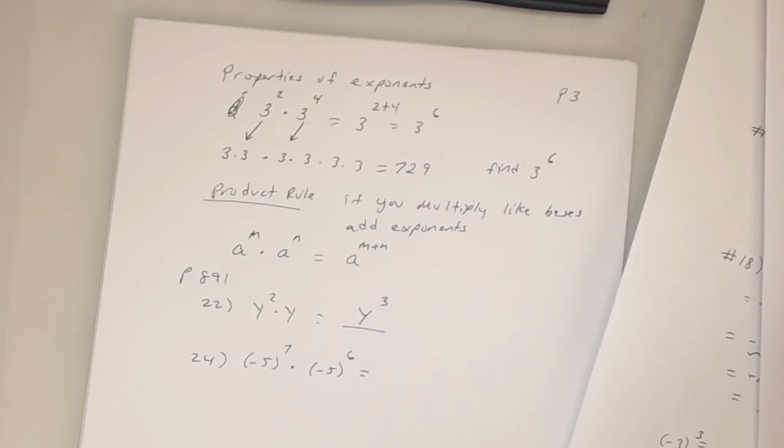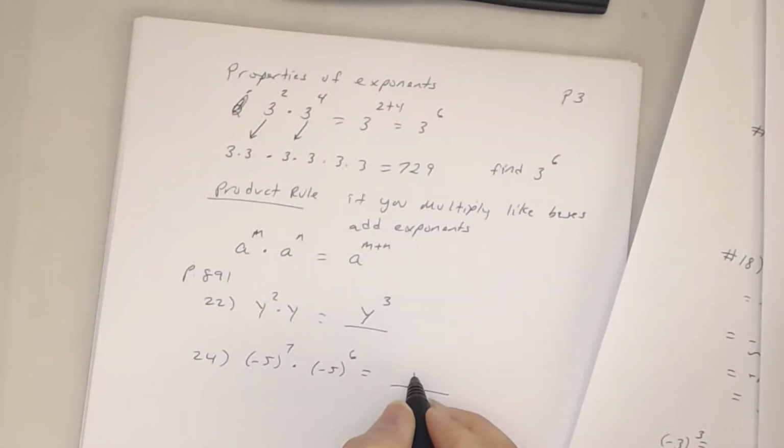So since the bases are the same, it's going to be the base raised to the sum of those exponents. So the answer is going to be what? In parentheses, right? Raised to what power? 13. All right, so that's 24. So it doesn't affect it that it's negative 5 times negative 5, that wouldn't change anything. No. It's still going to say the same.